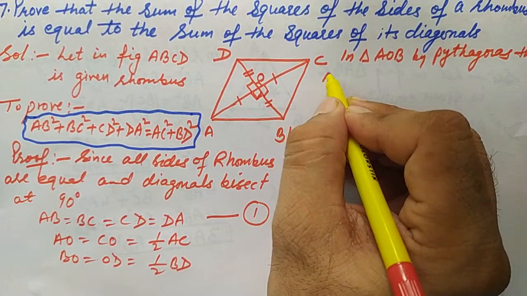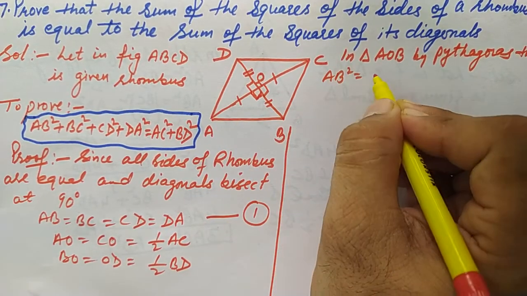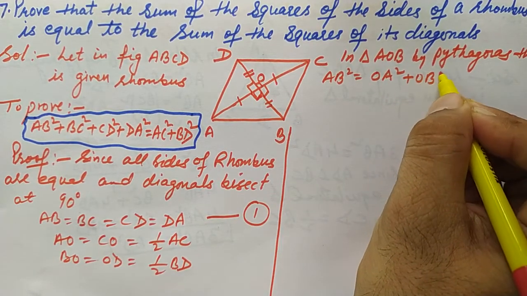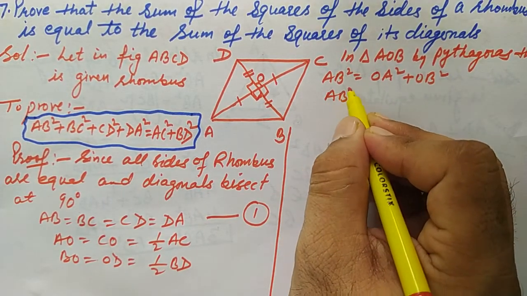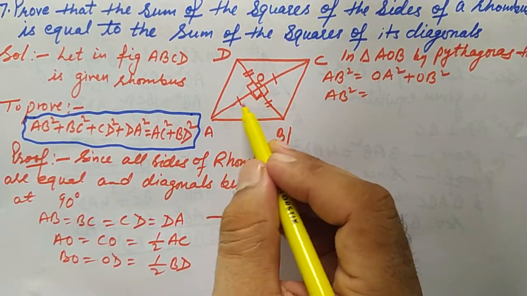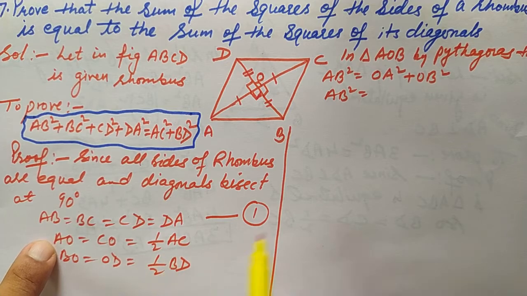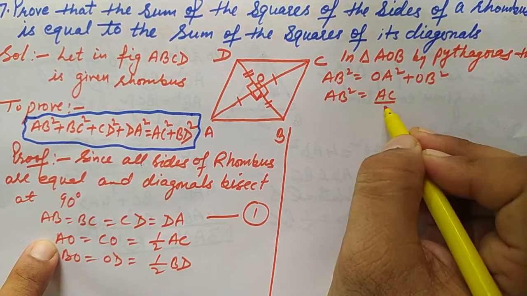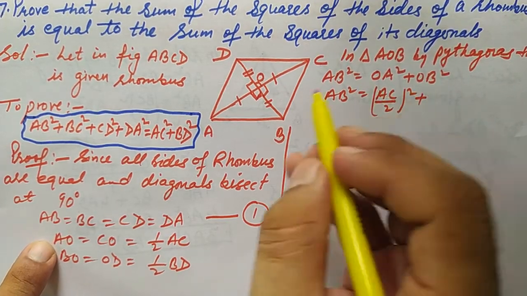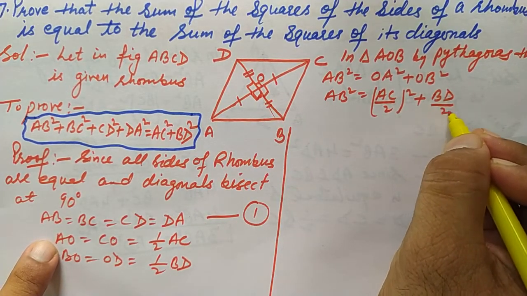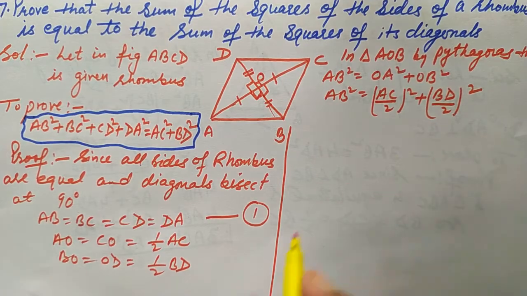So it becomes AB square is equal to OA square plus OB square. Now I can write OA as half of AC, because I wrote here also OA as half of AC. So it is (AC over 2) square, and OB as half of BD. So this is only it, the question is almost done now. Very little is left.